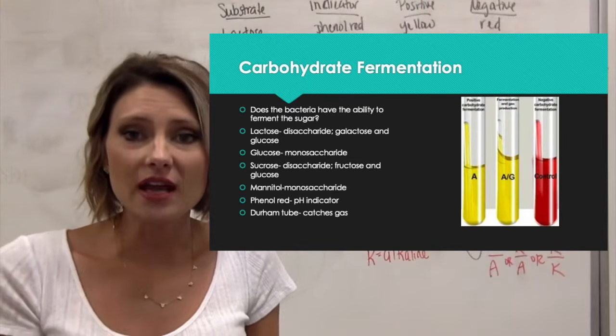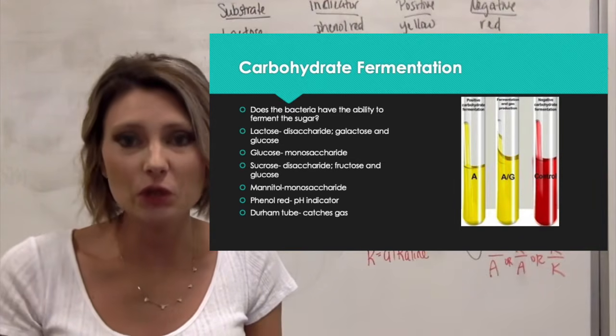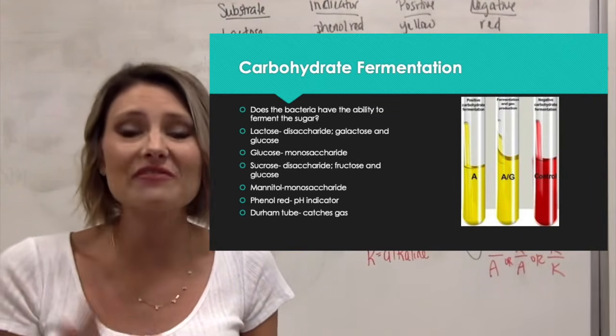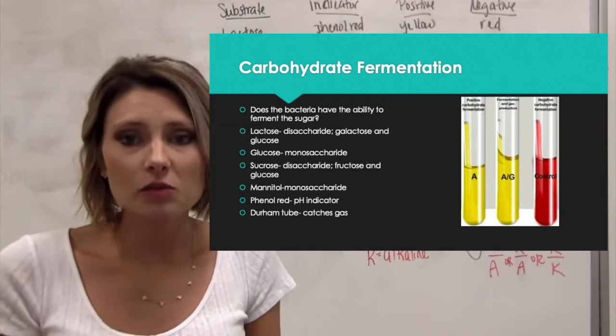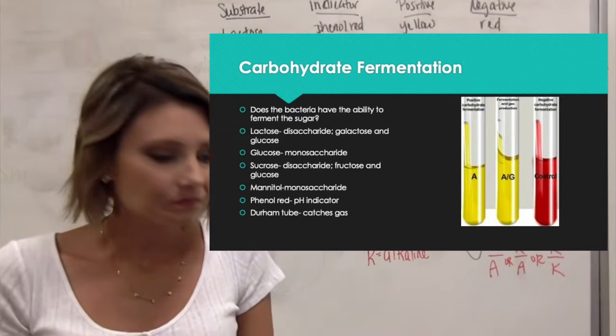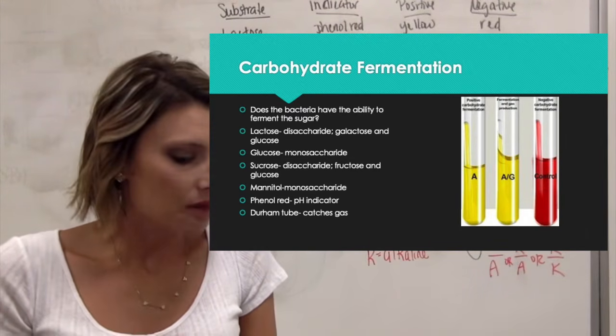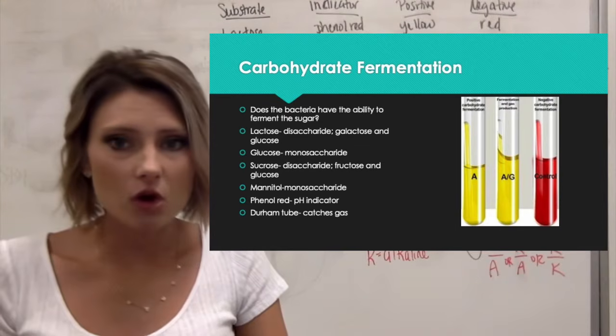So they are using oxygen as a terminal electron acceptor, and they have an electron transport chain, and that's what they're doing. They can't ferment the sugar. They don't have the enzymes that are responsible for fermenting that specific sugar if you get a red reaction. So it's as simple as that. That's all there is to it.